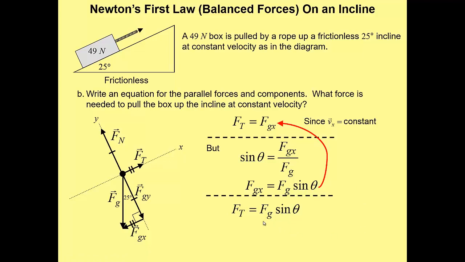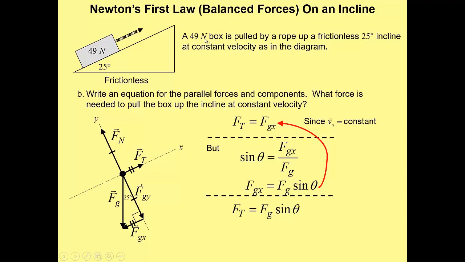Okay? Now, we know the angle, it's 25 degrees. Do we know the force of gravity acting on the box, or, as it's alternately known, the weight of the box? Well, up here in the problem statement, it says it's a 49 newton box.